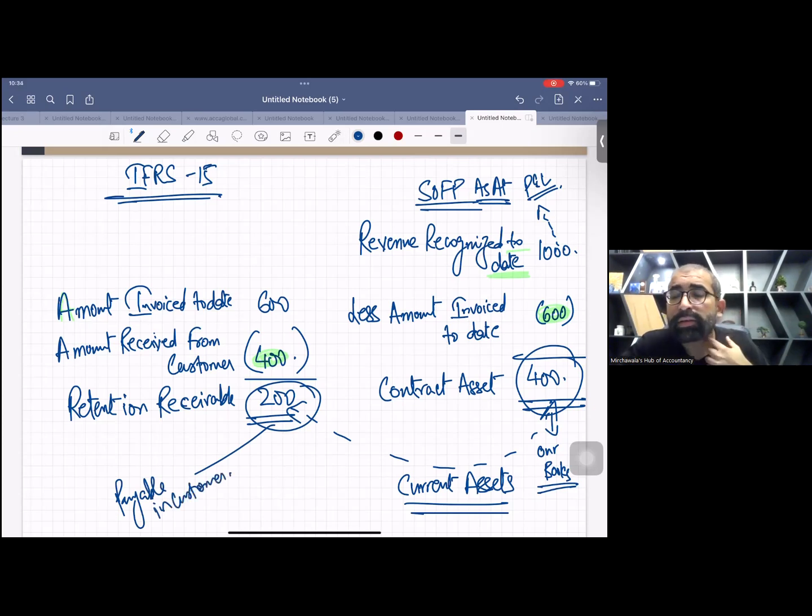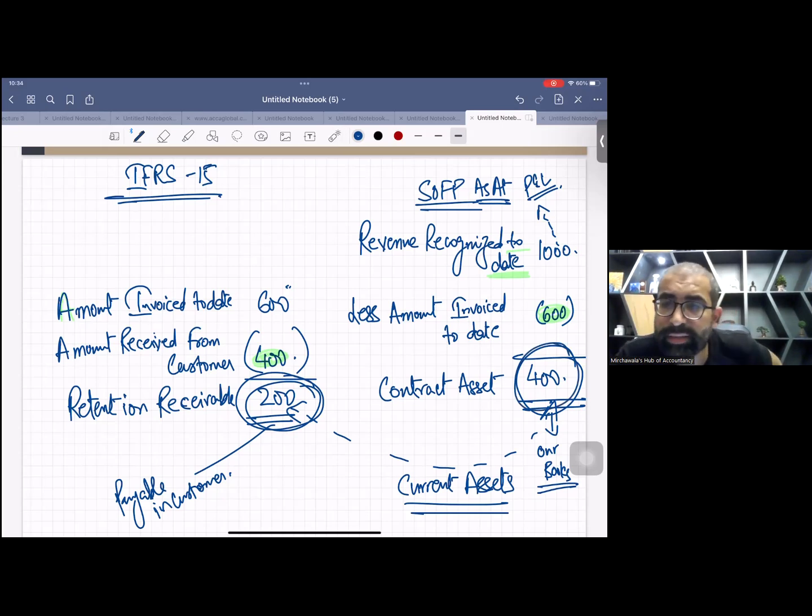I repeat, for this 400 contract asset, only we know, it is our internal working. But with the retention receivable, because we sent the invoice of 600 to the customer, the customer is aware of this 600 amount, and out of this 600 the customer paid just 400. So there is a payable of 200 in the customer's books. So this 200 receivable is in our books and 200 payable in the customer's books.